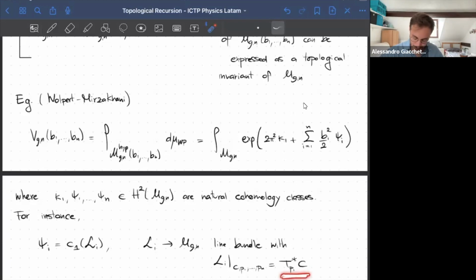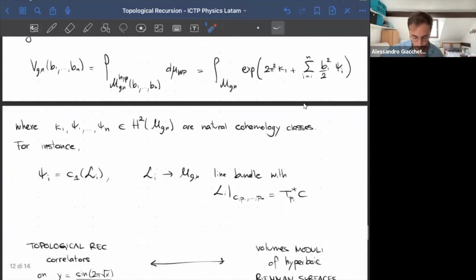What I mean by cotangent space is really the complex cotangent space. So this definition depends on the complex structure that I put on C, and it has nothing to do with hyperbolic geometry. This quantity is really something related to complex geometry, but nonetheless, when you put all these things together in this specific way, magically you're computing something in this hyperbolic world.